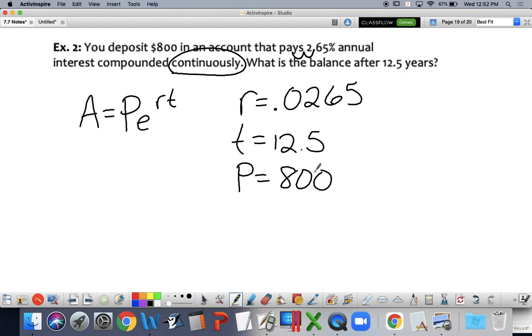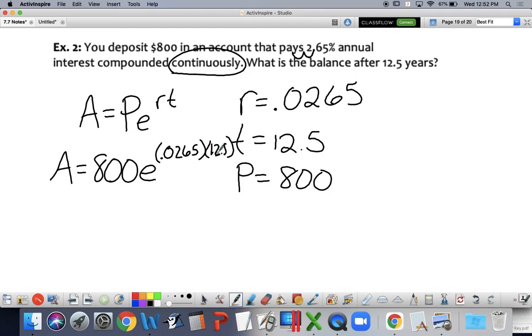So I get to find out what the amount is, meaning I'm just going to evaluate this: 800 times e to the 0.0265 times 12.5. I can pick up my calculator and type all of this in.